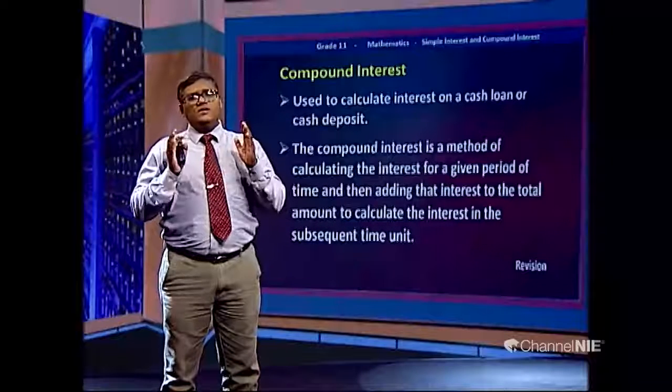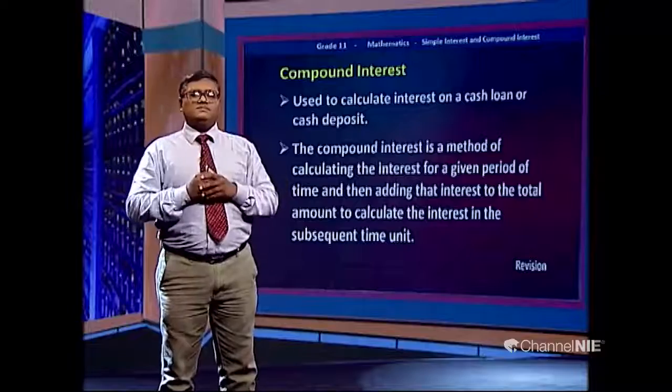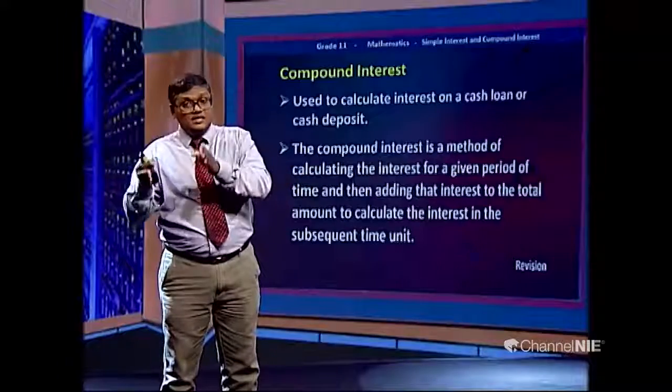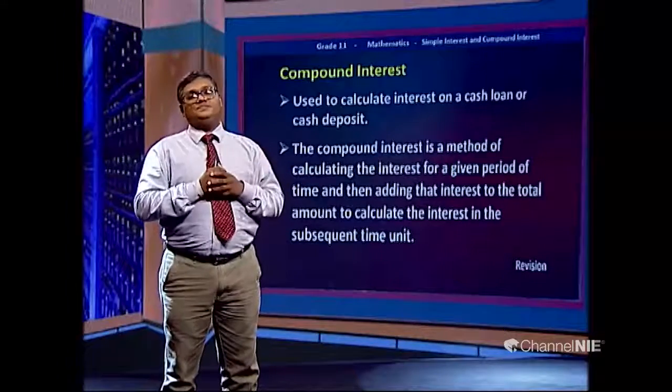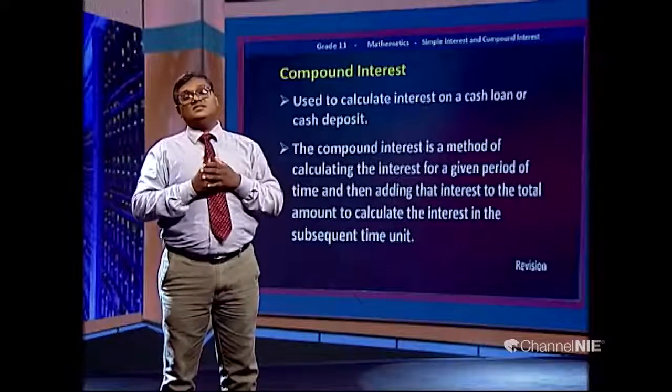That means you have to calculate the interest for the first year. That is very much similar or the same as simple interest, the first year interest. But this first year interest should be added to the amount. When you are going to calculate the second year interest, you have to add the first year interest to the amount. Then the amount increases.